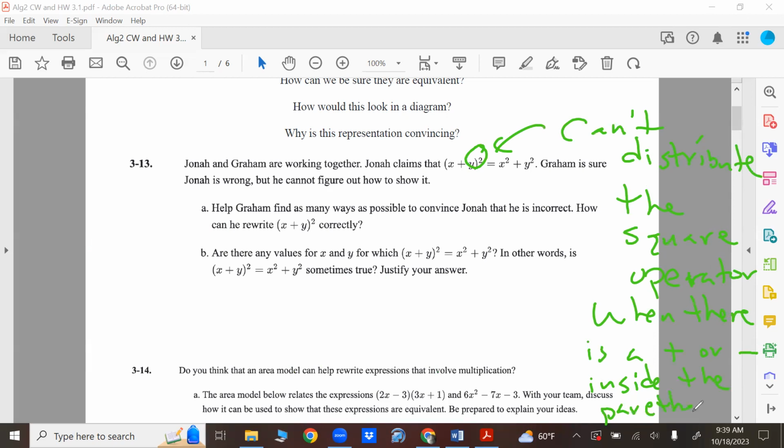I know it's a lot of writing, guys, but I want to make sure you get this. You can't distribute the square operator when there is a plus or minus inside the parentheses. You can't do that. One could do though. There is a time when you could. Do you guys know when you could?